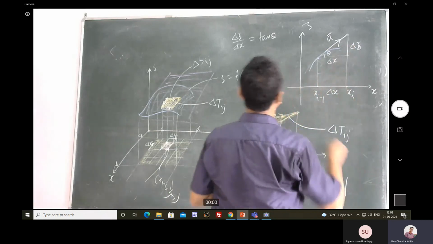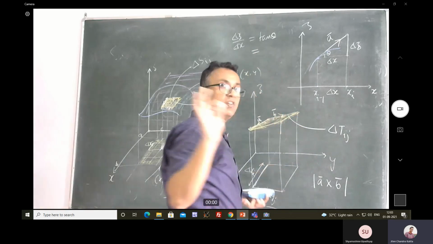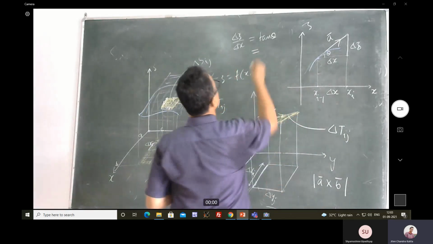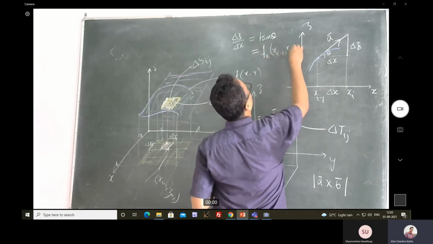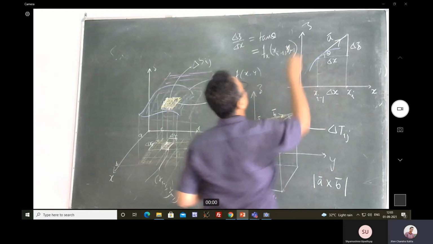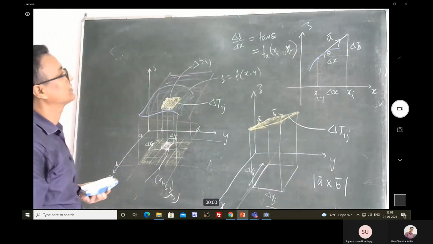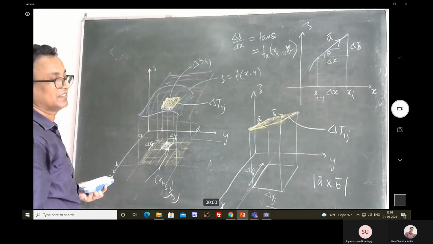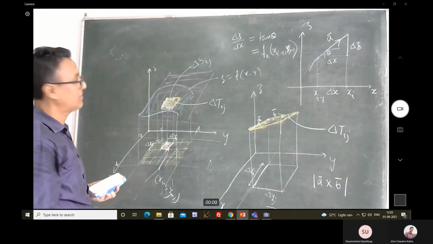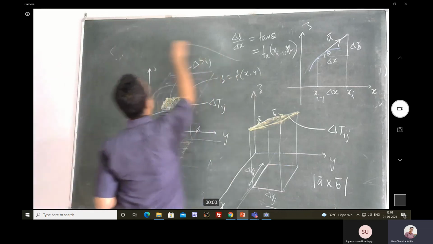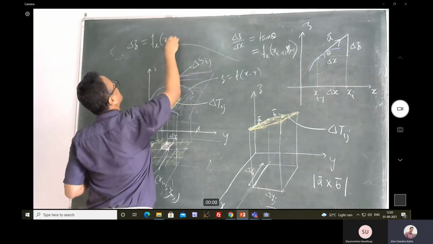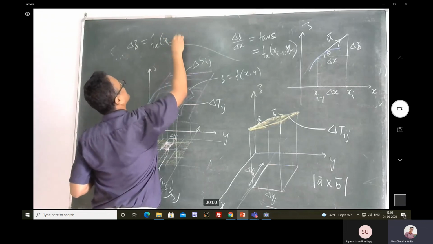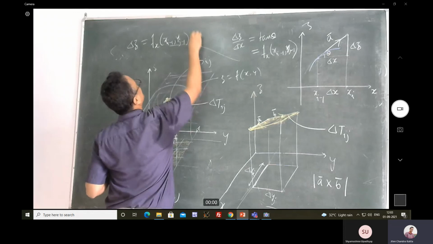So the scenario is something like this. From the geometric interpretation of the partial derivative, this is simply the derivative f_x at this point, isn't it? This is nothing but the slope of the tangent, right? So that means delta z equals f_x at (x_{i-1}, y_{j-1}) times delta x.